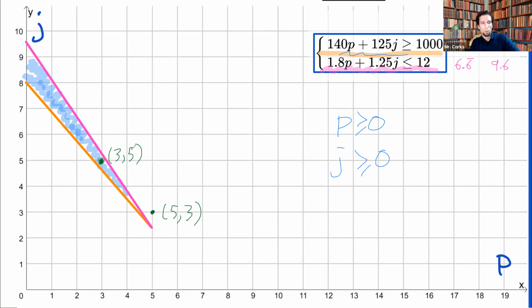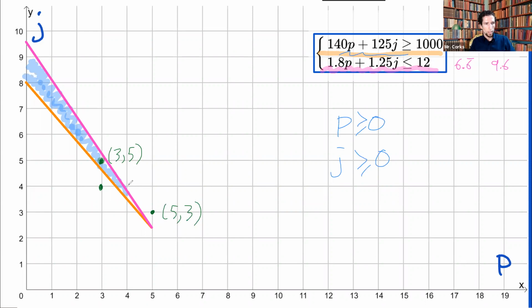P is 3, J is 4. Hold on. P 3, J 4 is this point right here. No, P is 4, J is 4.